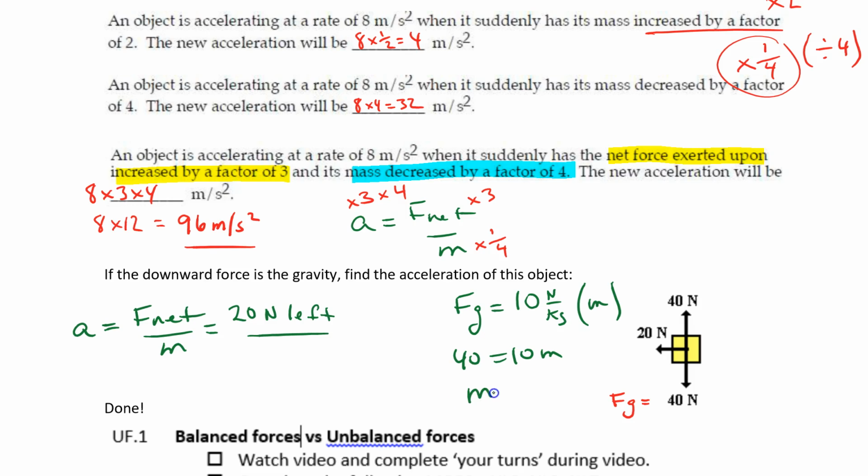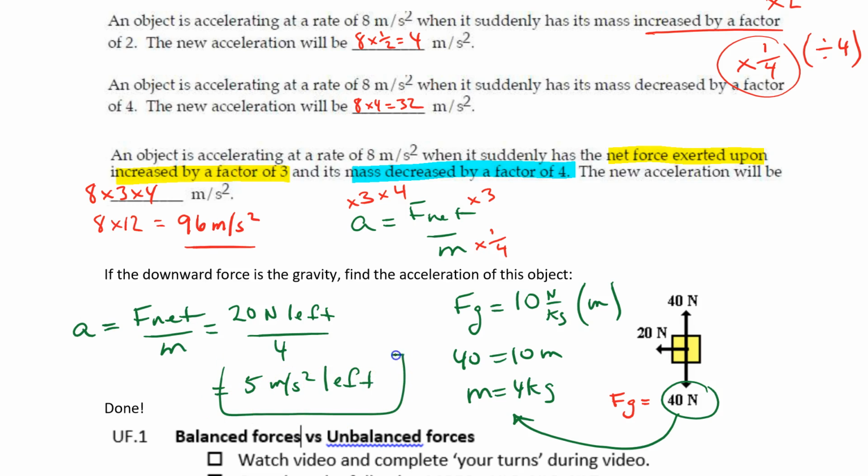In other words, the mass is going to be equal to 4 kilograms. Quickly in your head, you look at 40 and divide by 10 to get the mass. So here I put a 4, and 20 divided by 4 is 5. The units for acceleration are meters per second squared, and I do know the direction. It is left. And so that would be my answer.